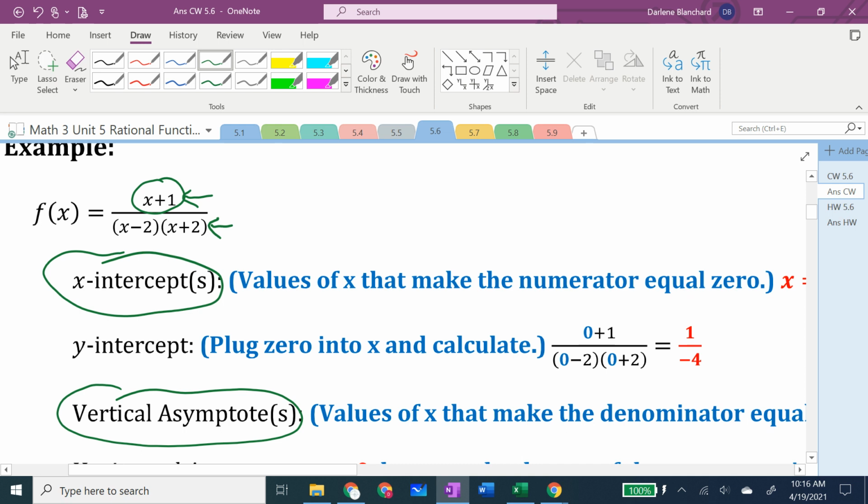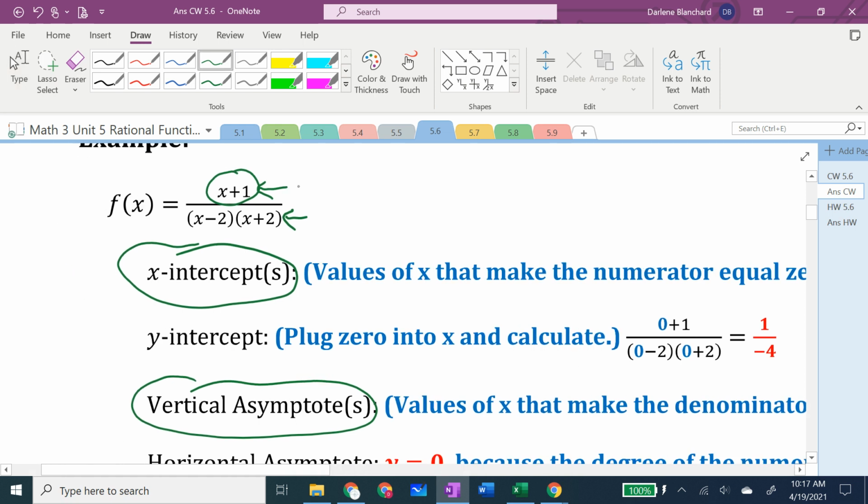On top of that, it seems like you're doing almost the same thing to find your x-intercept and your vertical asymptote. You're just solving for one of the two polynomials being equal to 0. When the numerator is 0, you get an x-intercept. If the denominator is 0, then instead of the fraction heading to 0, it's heading to infinity, and it's a vertical asymptote.